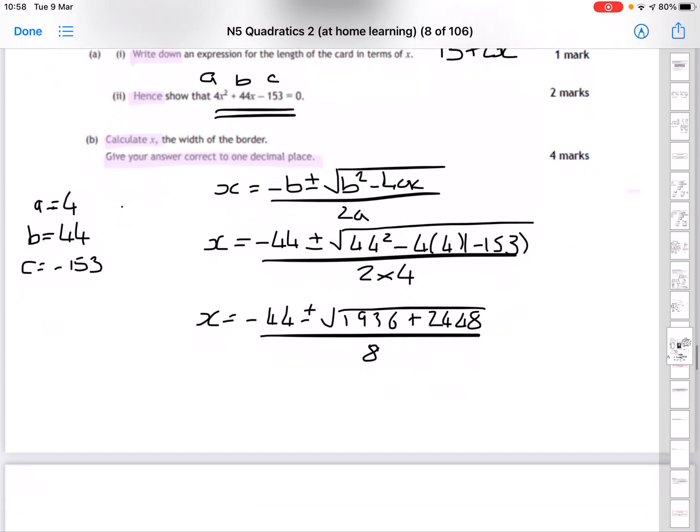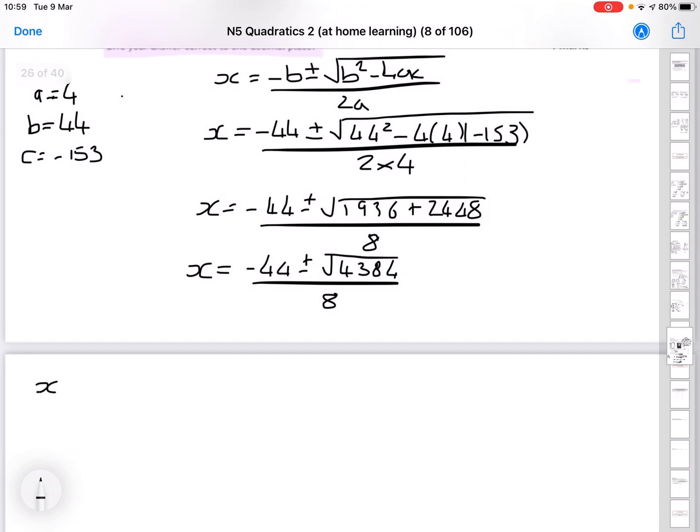And then we just have to tidy up inside that square root. So we've got x equals minus 44 plus or minus the square root of 4384, over 8. So we would then split off and do one of these with a plus and one of these with a minus.